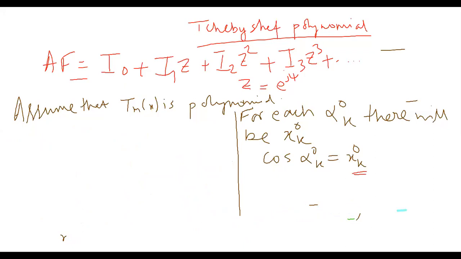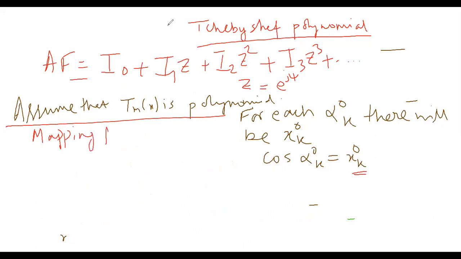So in brief, the mapping function is between x naught k and psi naught k. Ultimately we have to find psi naught k, because once we find psi, we find e to the power j psi, which is nothing but z, and once you find z, you will get the array factor. Clear?